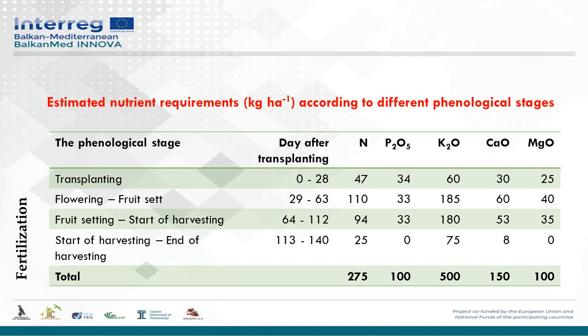It's very important to note that potassium is the most demanding nutrient element. It's almost double the amount of nitrogen, and there are especially very high demands of potassium fertilizers during the fruit setting and fruit ripening.